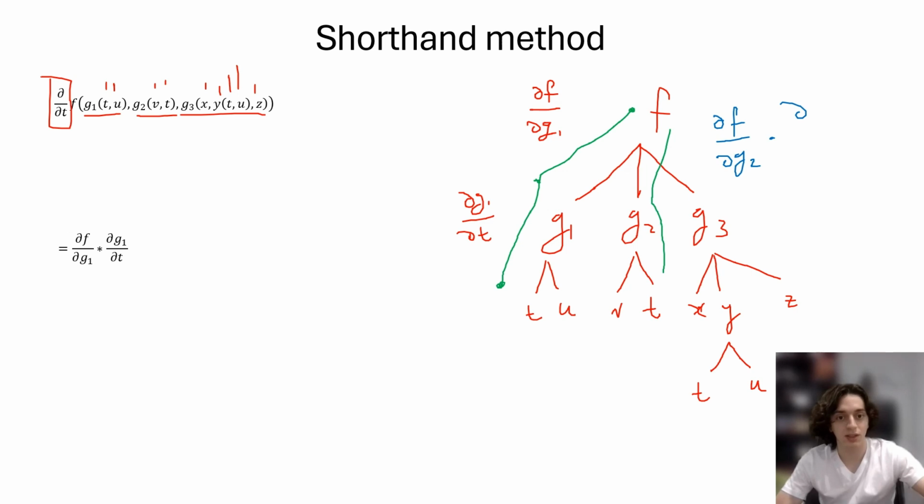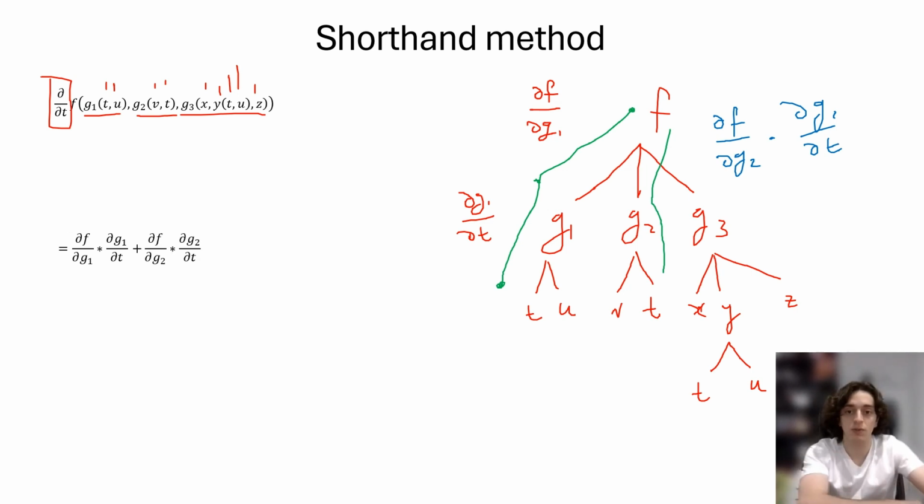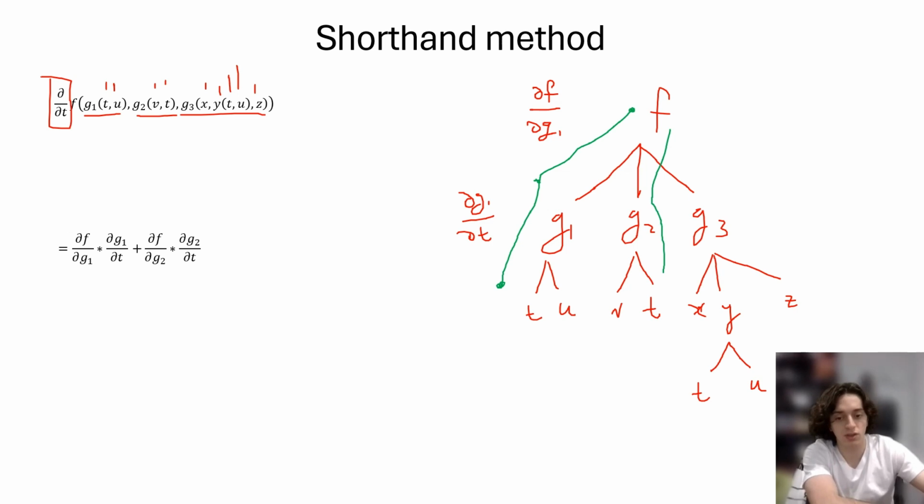The next one is going to be ∂g2/∂t. Simple enough, and that's the next term of the sum. The third one is going to be from f to g3, from g3 to y, and then from y to t.